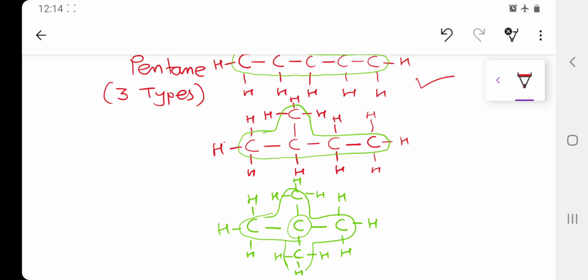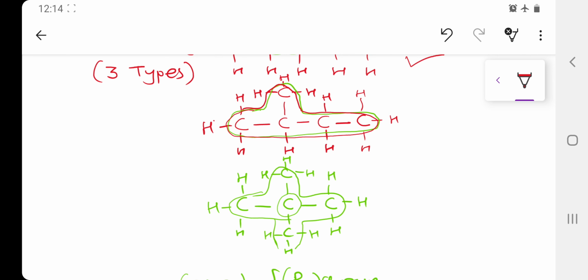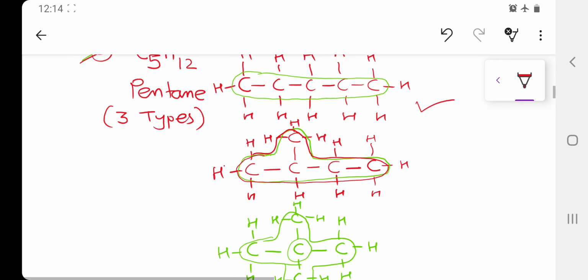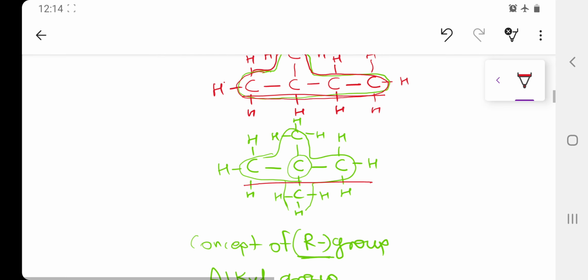If 1 carbon links in a different fashion and the other 4 are in a chain, it is called isopentane, and this is tertiary pentane or neopentane.